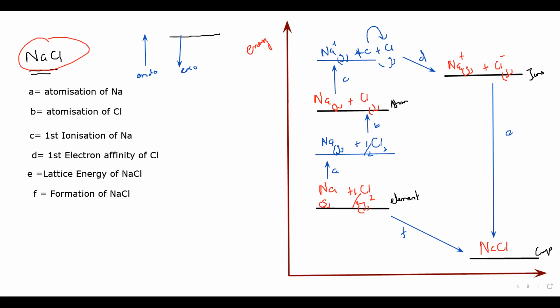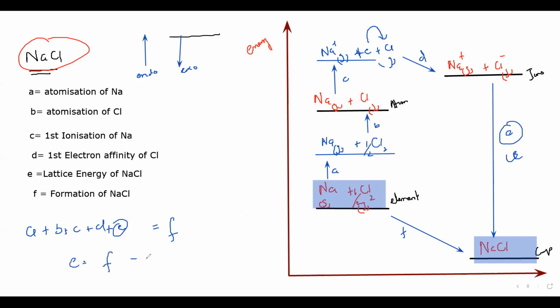So when we use the Born-Haber Hess law, where two arrows are pointing out, that is the start of the cycle, and where two arrows are pointing in, that is the end of the cycle. So A plus B plus C plus D plus E equals F. So if we need E, the lattice energy, then it will be the formation minus atomization of sodium minus atomization of chlorine minus first ionization of sodium minus first ionization of chlorine minus first electron affinity of chlorine.